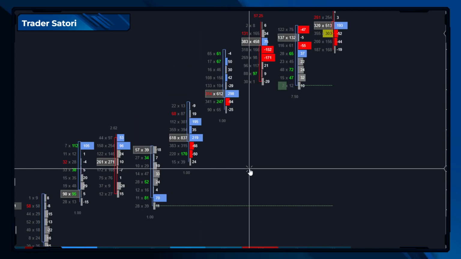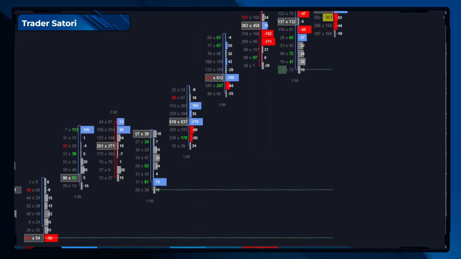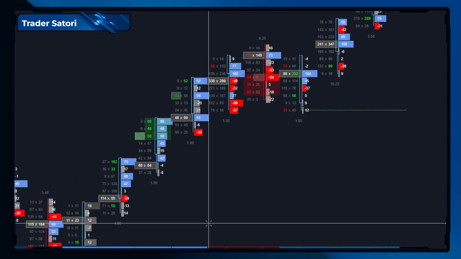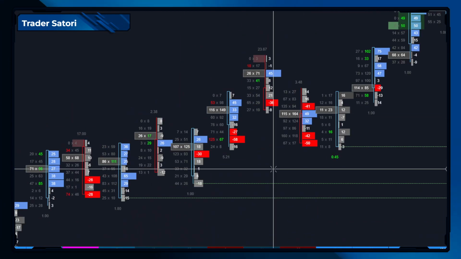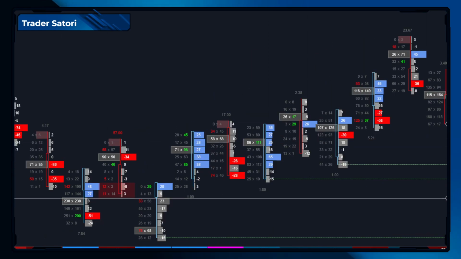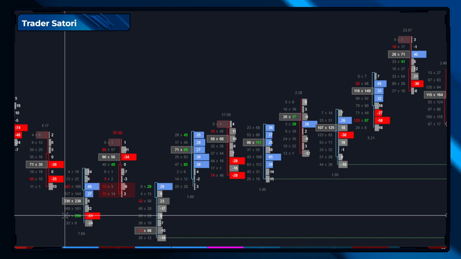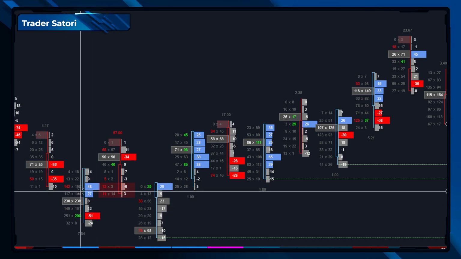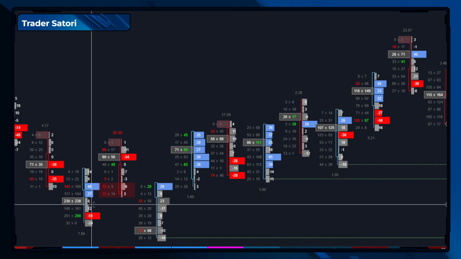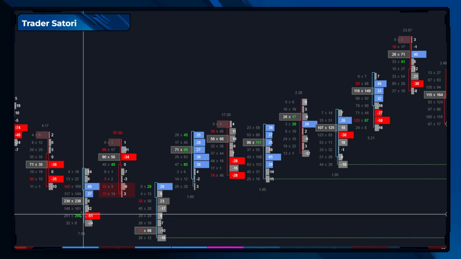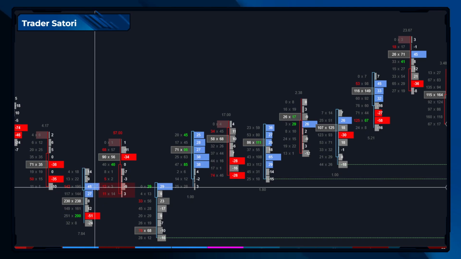Okay, so let's go on to crude, and we will just go over from where I entered this morning. So as we've got our new day here, this is Asia, okay? As we can see, we get a trap down here at Asia, and then we see buyers stepping in, okay? We see a bullish imbalance at the lows, and then we start pushing higher.